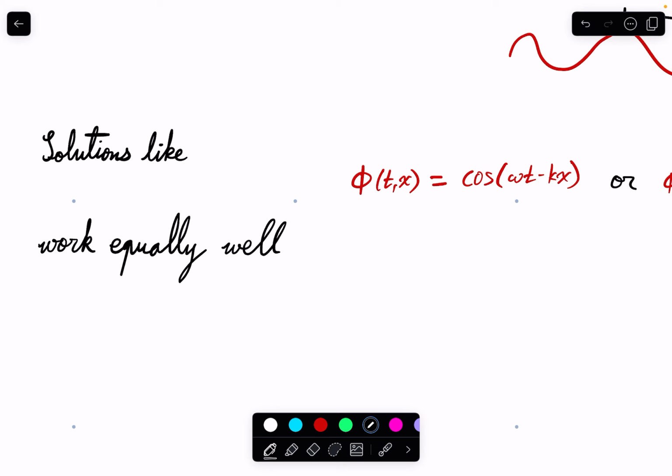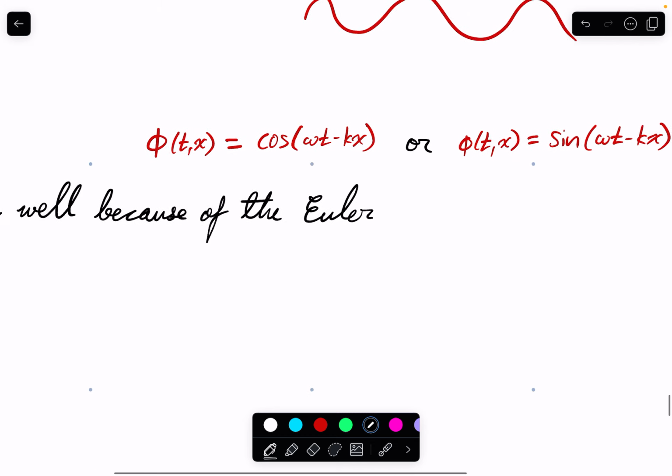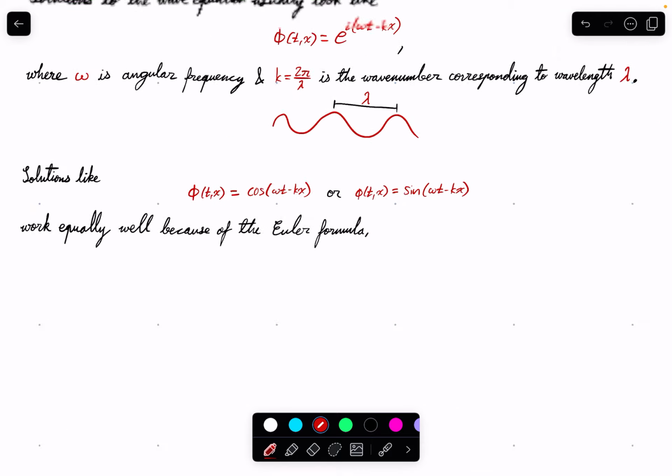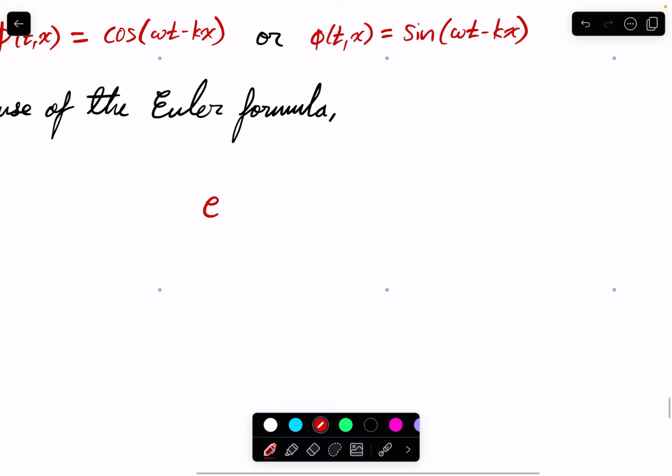And this is because of the Euler formula. And the Euler formula is e to the i theta equals cosine theta plus i sine theta.